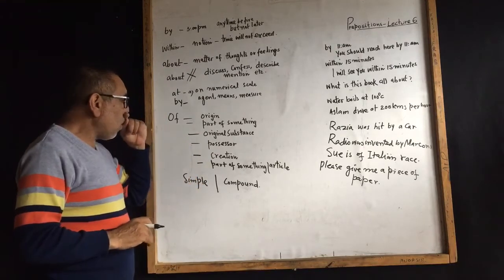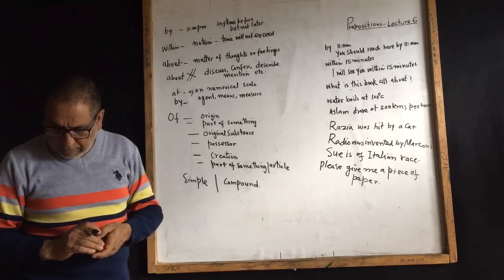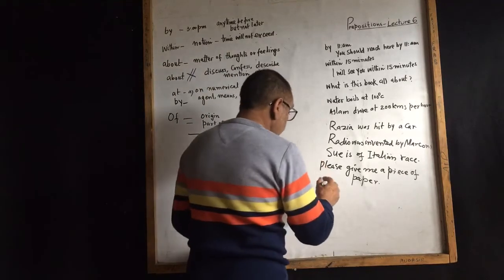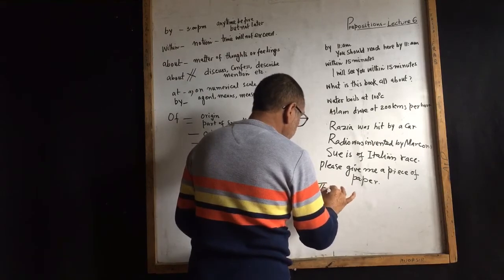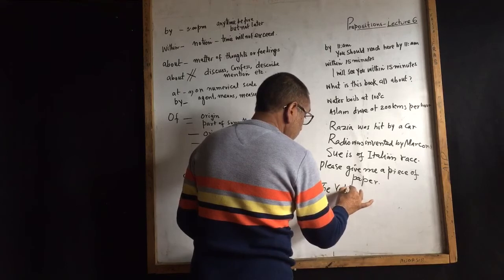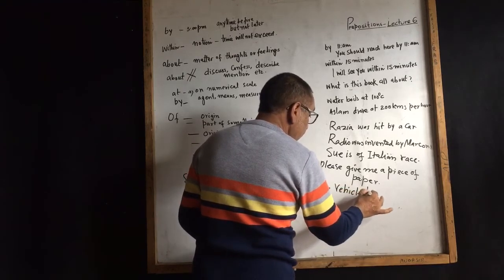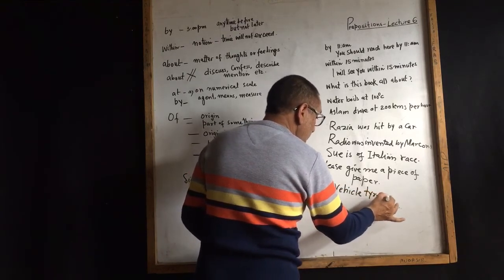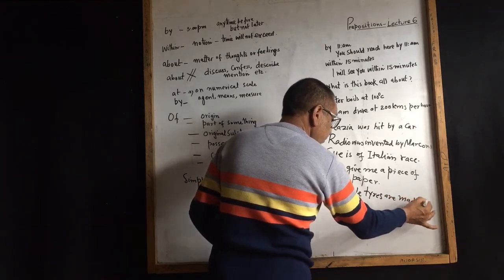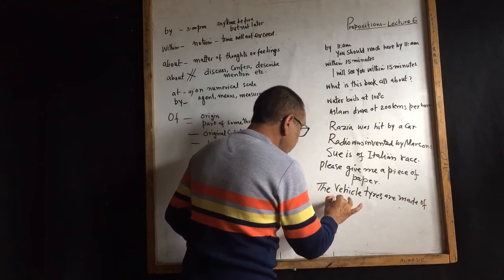Accordingly, when you talk of original substance about something, for example, the vehicle tires are made of rubber.